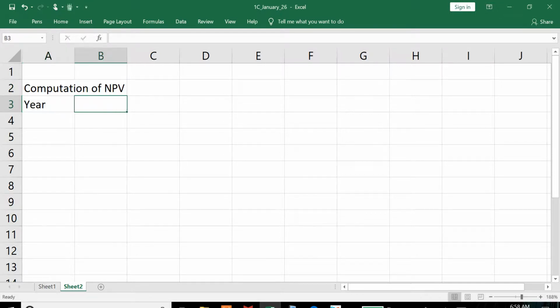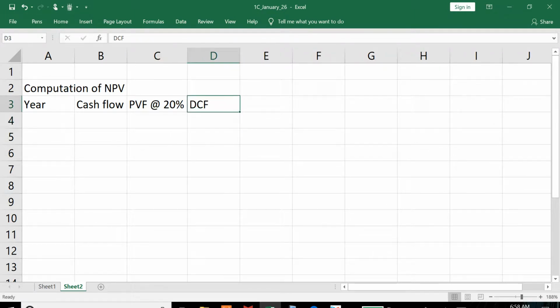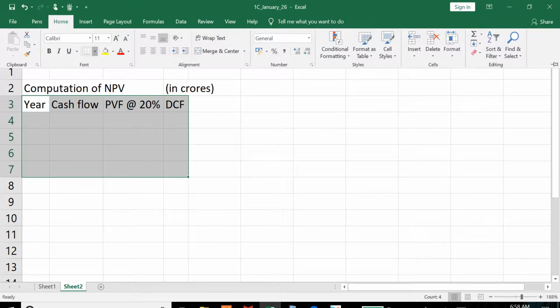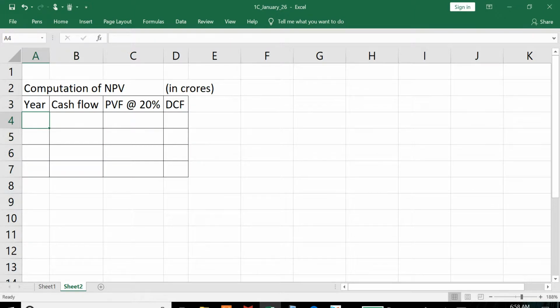Year, cash flow, PVF at 20% and DCF. Okay, now listen, I have an outflow on day 0 and an inflow at the end of year 6.